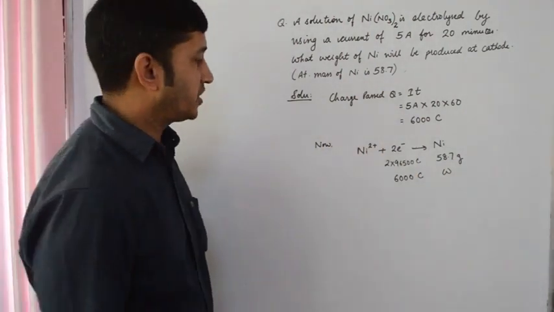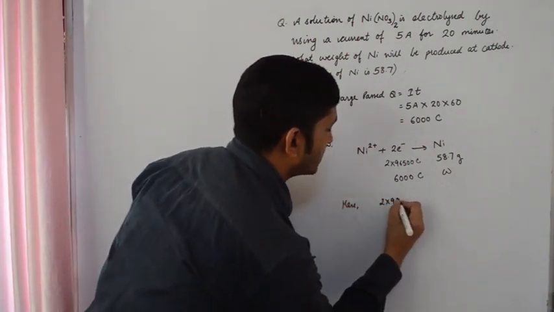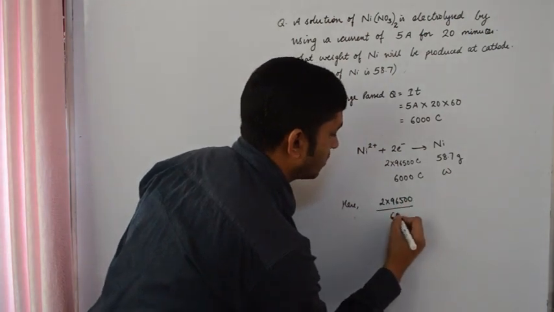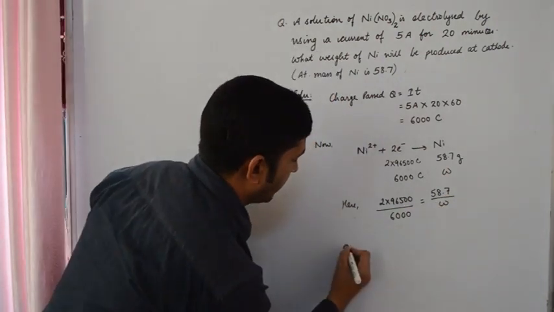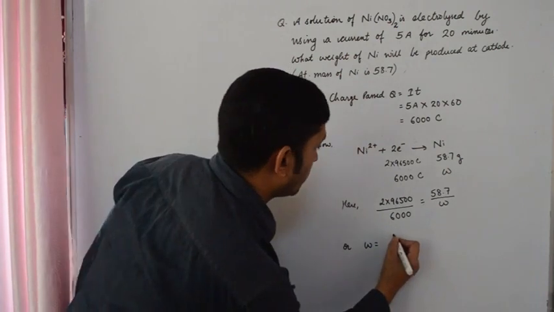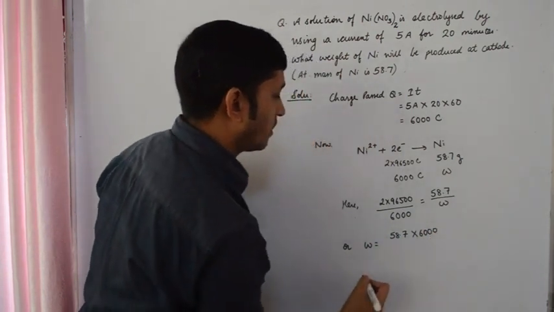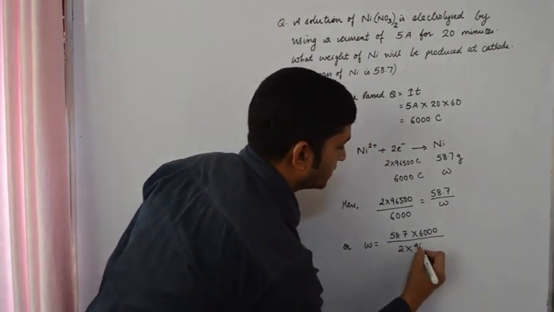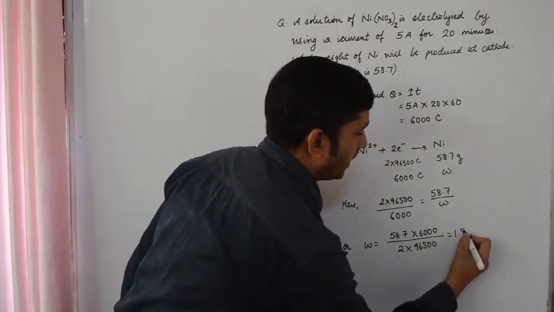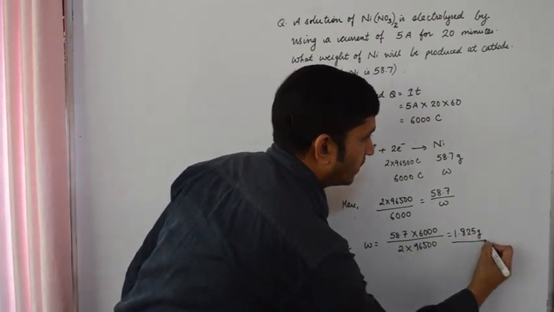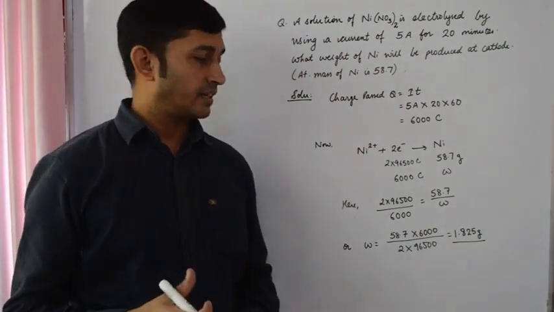It is a case of direct variation, so we can calculate directly that 2 into 96,500 upon 6,000 will be equal to 58.7 upon W, or we can write that W is equal to 58.7 into 6,000 divided by 2 into 96,500. On solving, we will get about 1.825 gram. So, in this way we can determine the amount of substance deposited at an electrode.